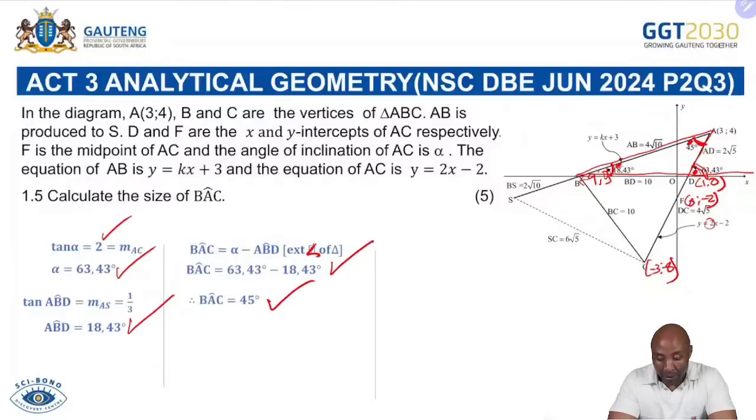Others decided to use area rule. You can use area rule, but area rule will be a bit of a push because we do not have the area there. But you can use your cosine rule, your sine rule, because you are able to deduce the measurements of all the other sides there using your distance formulas. From there, you apply your trigonometry.